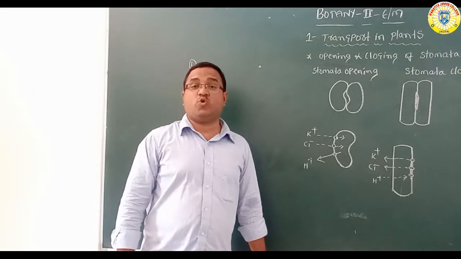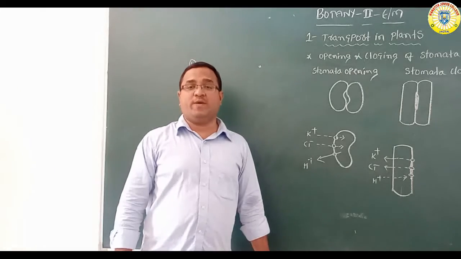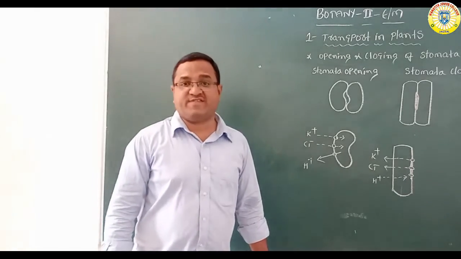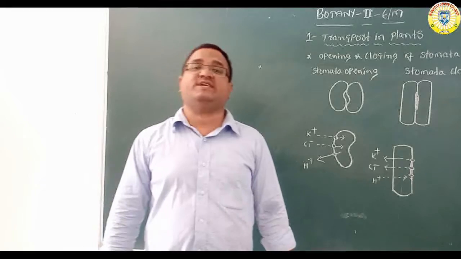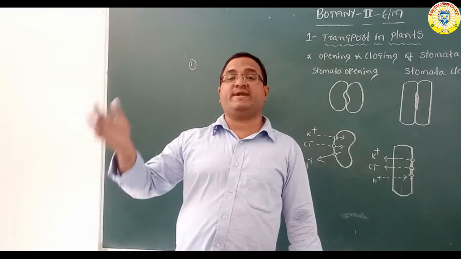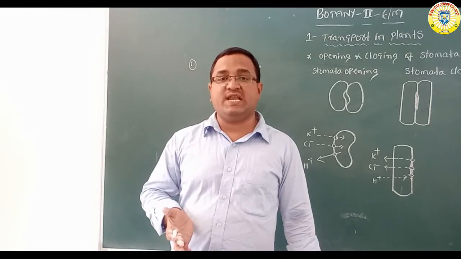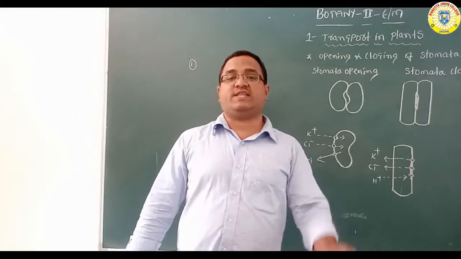This transpiration cools the leaf surfaces by the evaporative cooling method. It can cool the leaf surfaces by 10 to 15 degrees centigrade, and it can provide a particular shape and structure to the plant by keeping the cells turgid. So these are the 5 benefits.